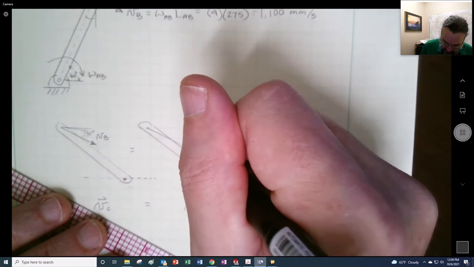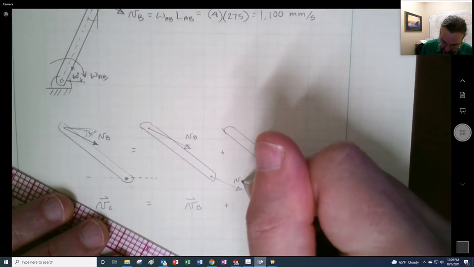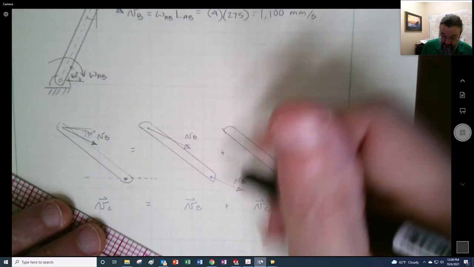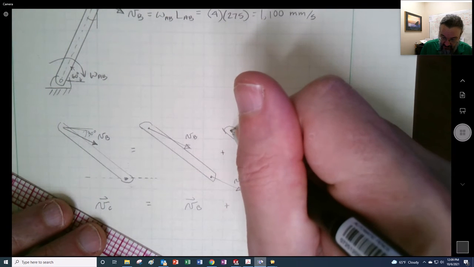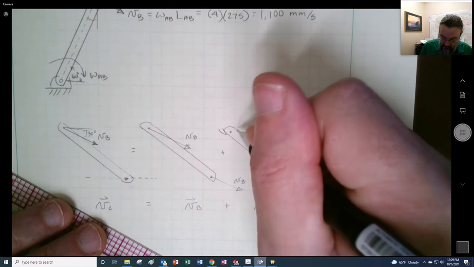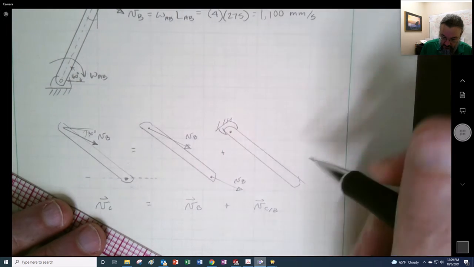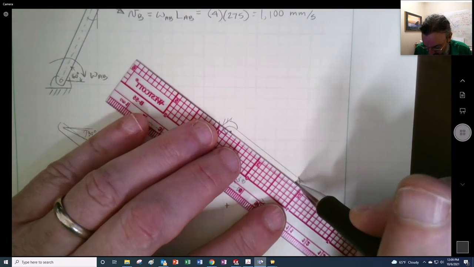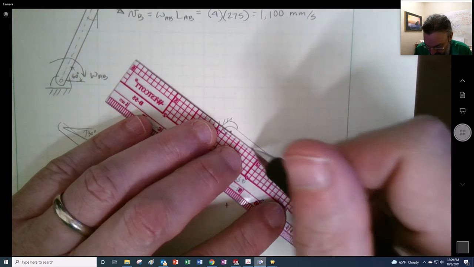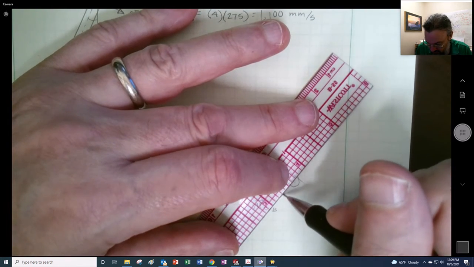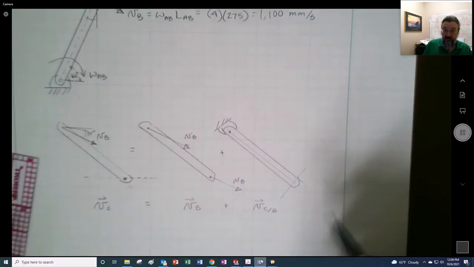So here's the velocity of B, and I place it in velocity of B. Okay, so I've moved that to this spot, and then I pin it at the reference location, right? And now I'm going to treat this last guy like a pure rotation case, right? So I'm going to draw that like right there, right?